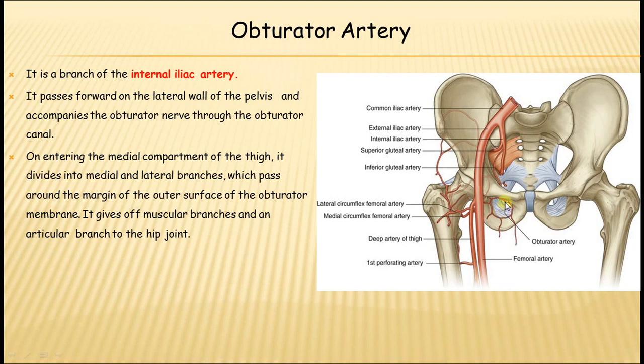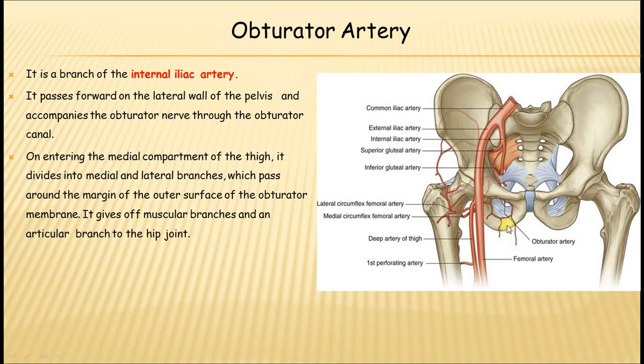There is a small gap or deficiency in the obturator membrane through which the obturator nerve emerges, forming the obturator canal. After forming an arterial anastomosis, these branches give off muscular branches and also an articular branch to the hip joint.